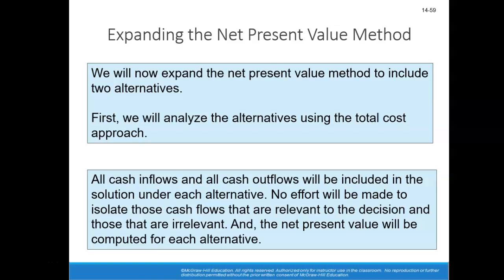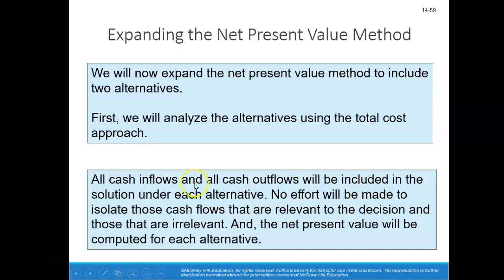Okay? We're going to go back to the net present value method, but we're going to include two alternatives. First, we will analyze the alternatives using what's called the total cost approach. We'll look at two alternatives, and we'll look at all the cash inflows and all the cash outflows for each of those alternatives.